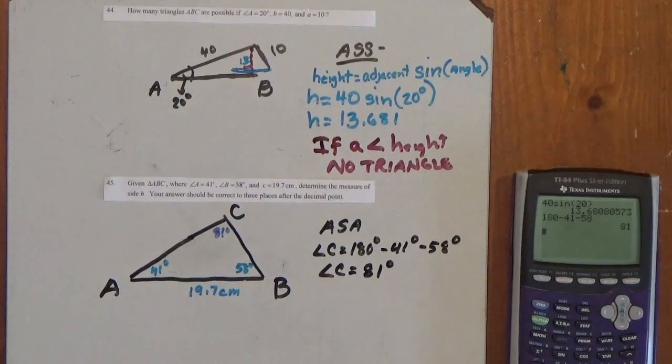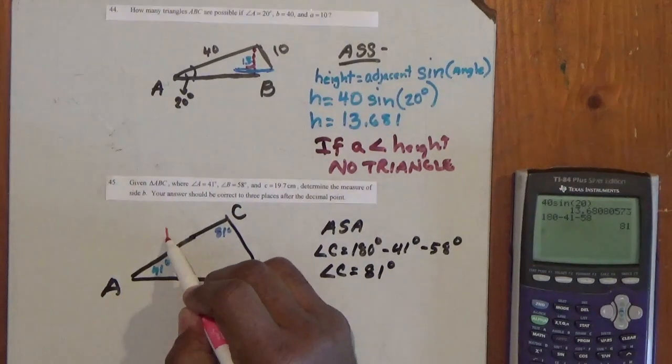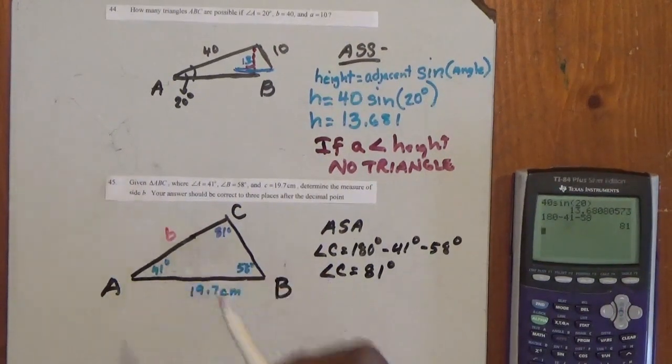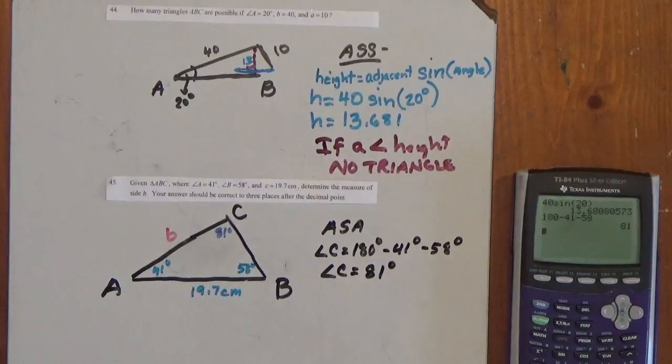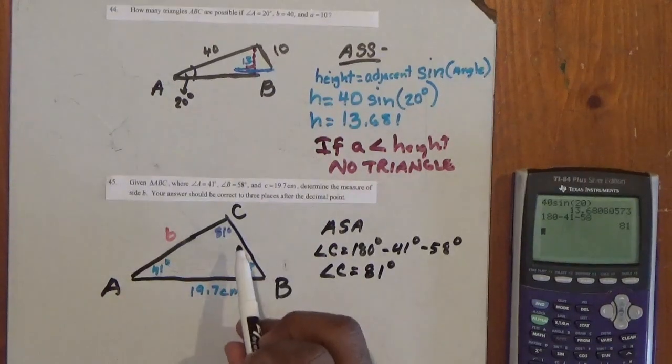Now that we have that, we can use our law of sines. We have some little ratios there. Remember what they asked us to find: side B. So we don't have to find side A, and we only have to do this once.